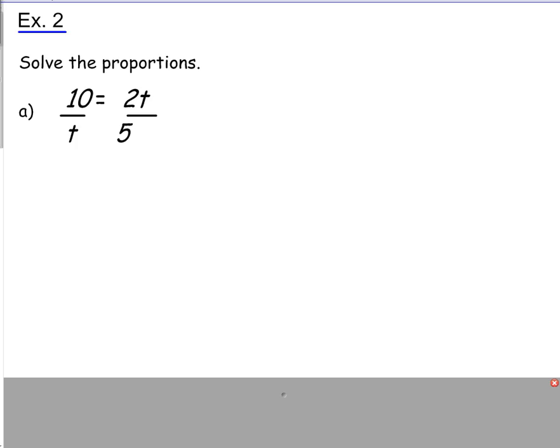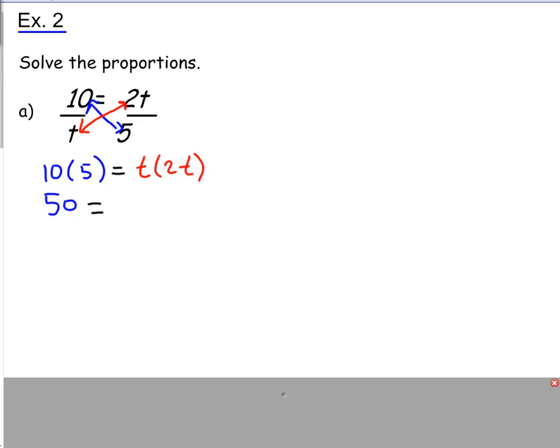Now we still want to use our cross product property. So once again, that means that we multiply diagonally. We'll multiply 5 and 10, and then t and 2t. This would give us 10 times 5 is equal to t times 2t. 10 times 5 is 50, so 50 is equal to t times 2t.